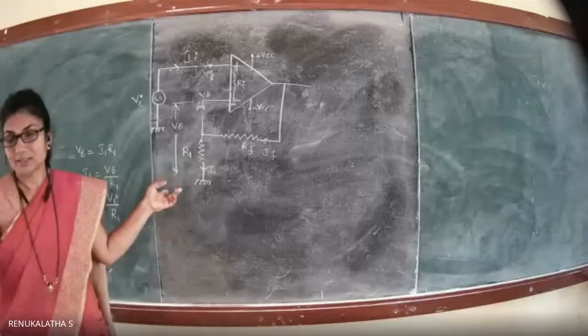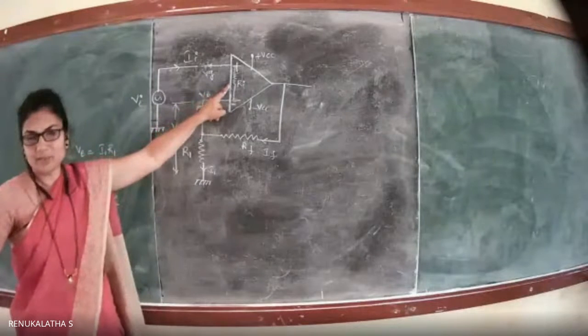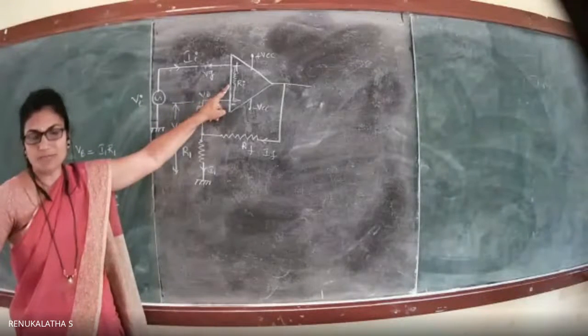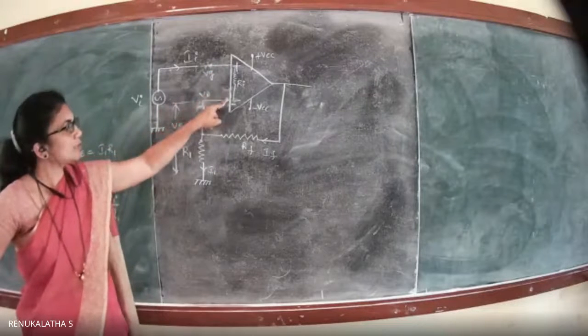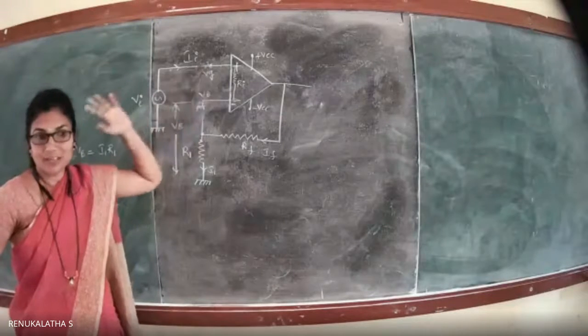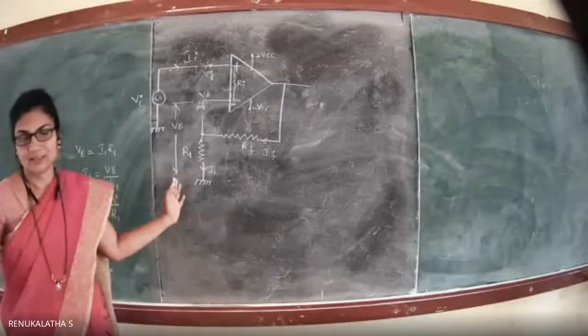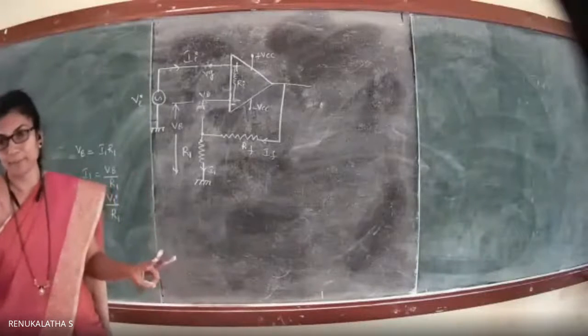Between A and B, at this point and this point, there exists an infinite resistance, which means no current flows from this point to this point. So when the current doesn't flow, both voltage levels must be the same.